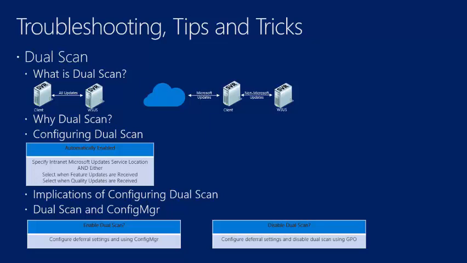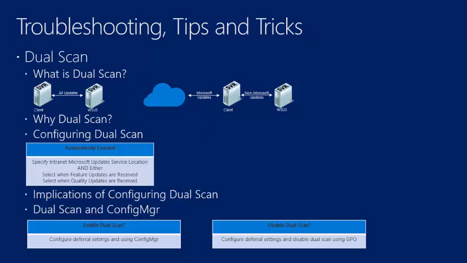A little bit more detail, right? So dual scan specifically in ConfigMgr: if you are going to use ConfigMgr to deploy the deferral policies, you are going to want to be on ConfigMgr 1706. Right? A 1702 client will accept the deferral policies, but then it will periodically overwrite them and just blank them out. Right?